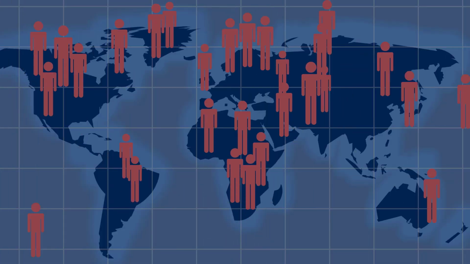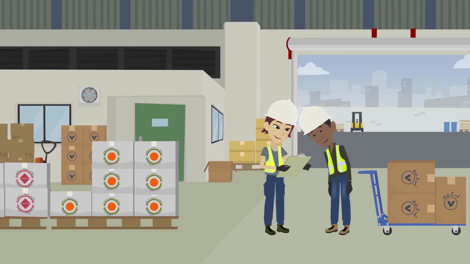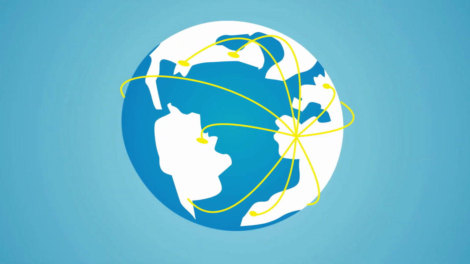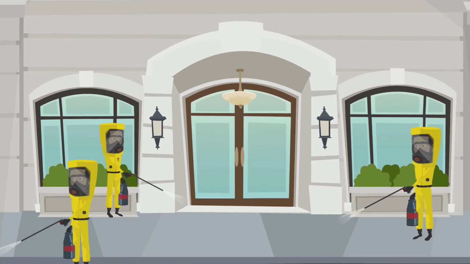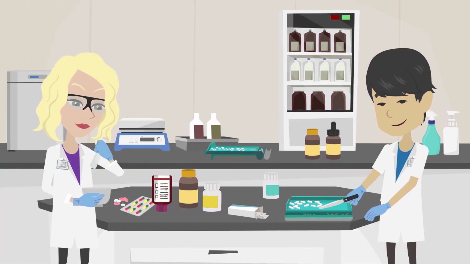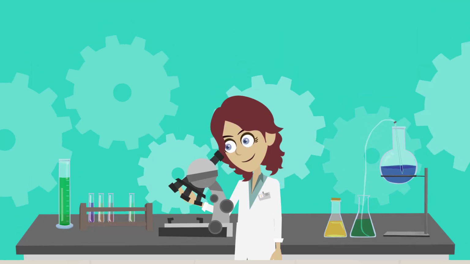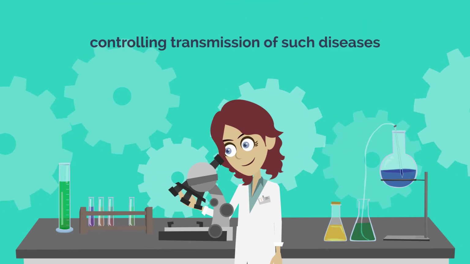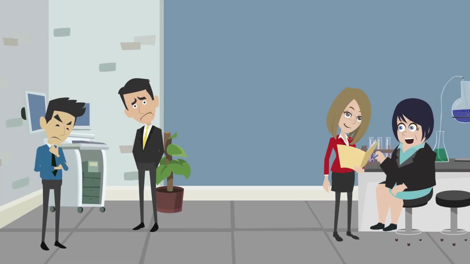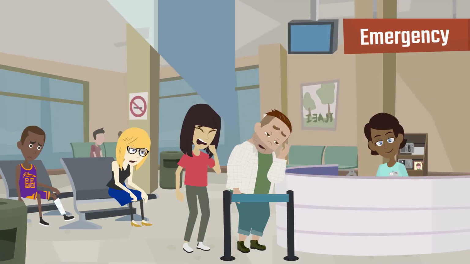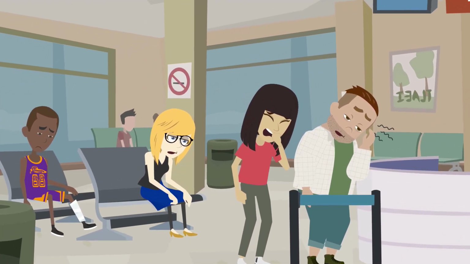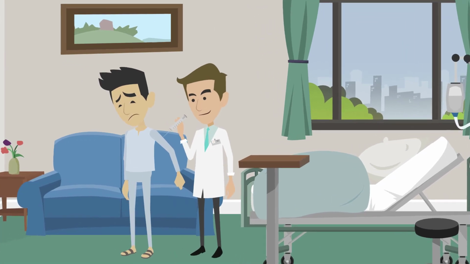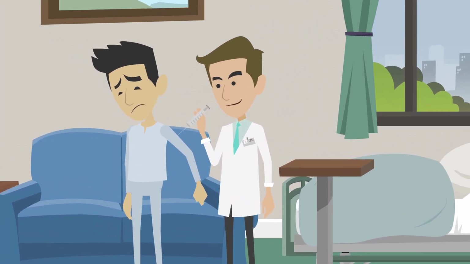However, with an ever-growing human population and rise in trade between countries, the complexities of controlling infectious diseases have also multiplied. Despite the advances in science, controlling transmission of such diseases has at times not met with success. Humans are at constant risk of epidemics and pandemics given the emergence of resistant strains of microorganisms.